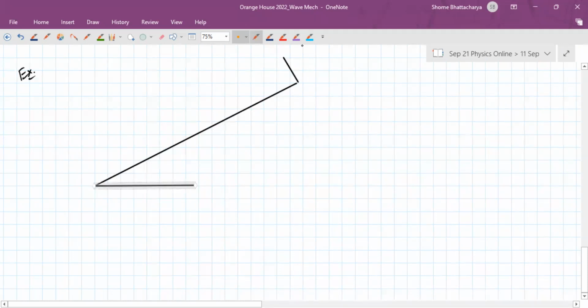So we have a smooth inclined plane with an angle of inclination 37 degrees. Now, combination of two springs like this attached to a block.